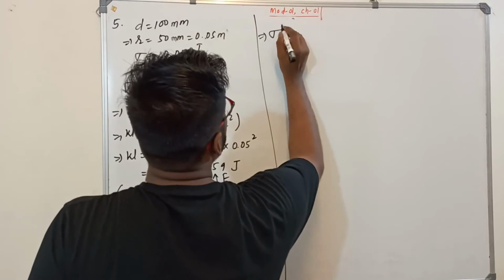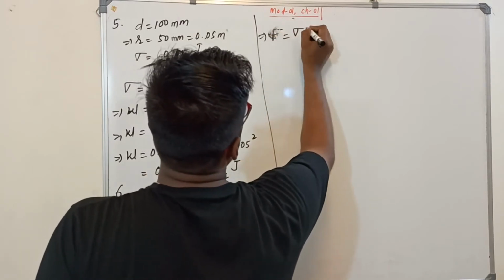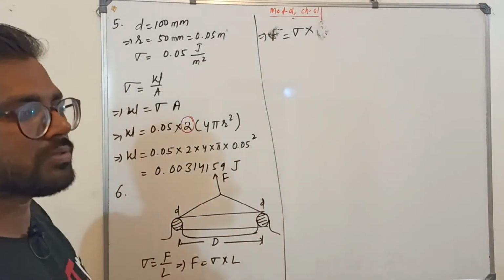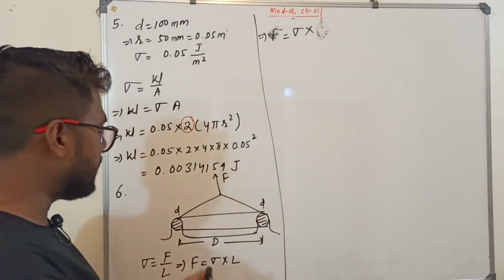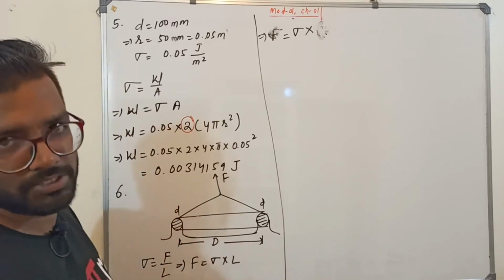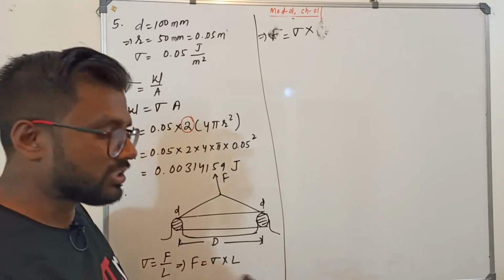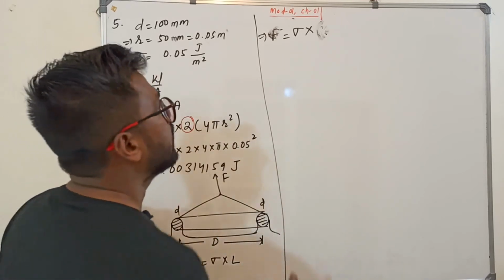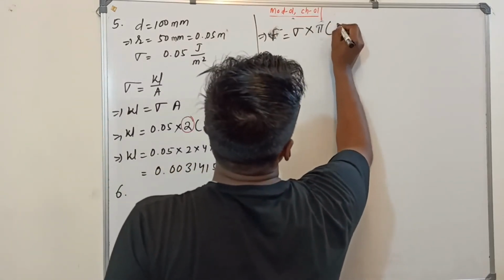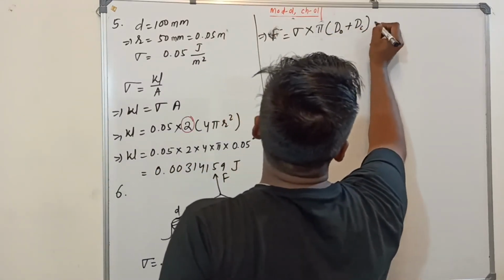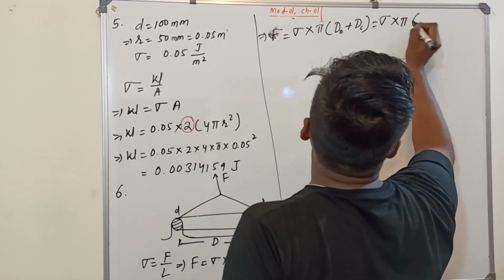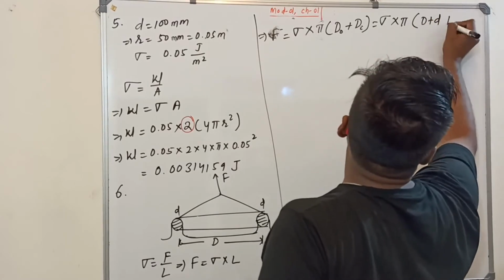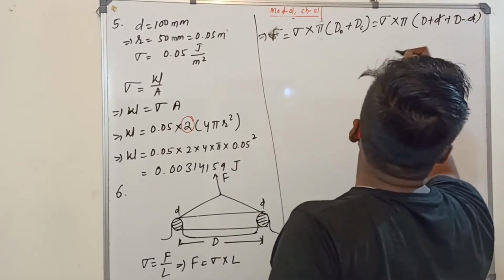So F is equal to sigma into L. What is the length? It is the circumference, which is pi into d. But here you have one inner diameter and one outer diameter. The surface tension is acting on both the inner and the outer diameter if you take a cross section. So F is sigma into pi into (D plus d), where D is the outer diameter and d the inner.